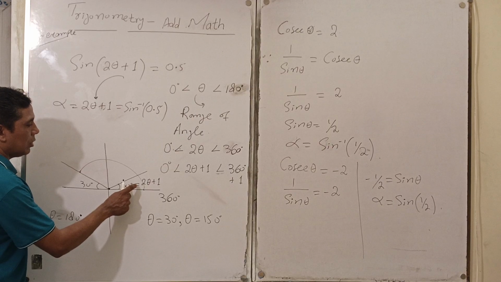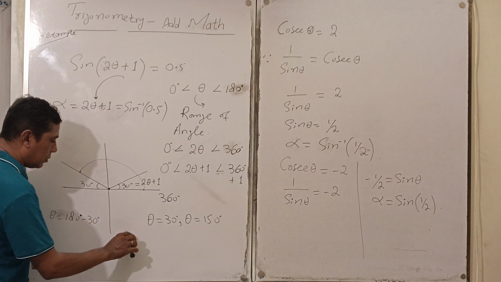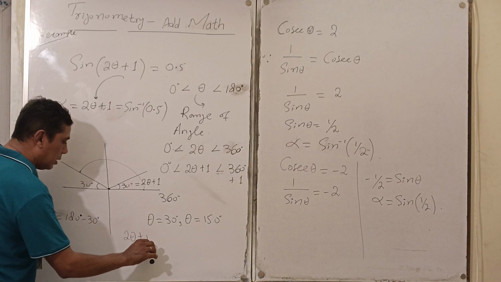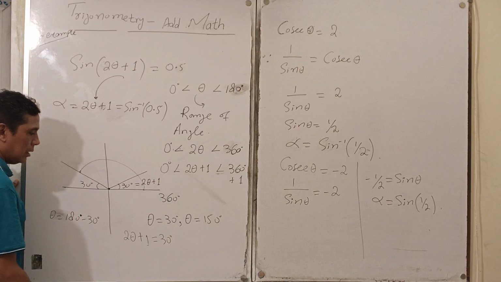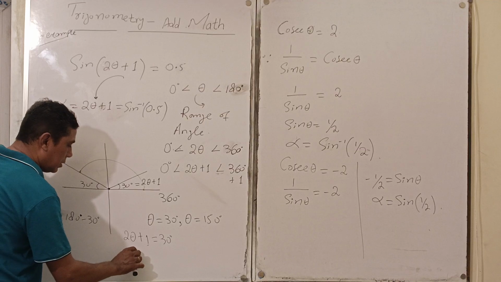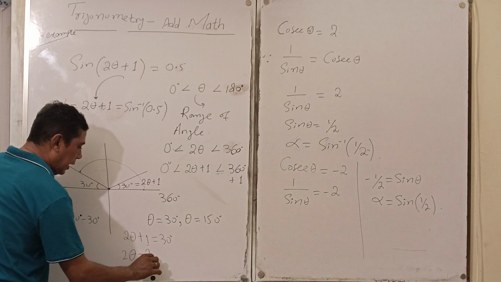How can you find out the value of theta? So it means you can find out 2 theta plus 1 equal to what? 30 degree. Clear? So now here 2 theta equal to 29 degree. Am I right?